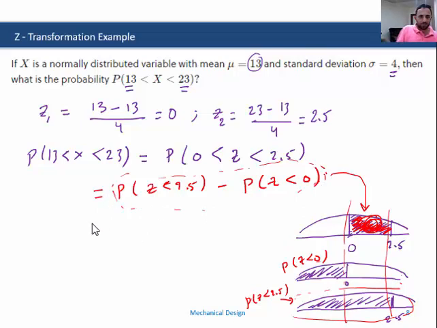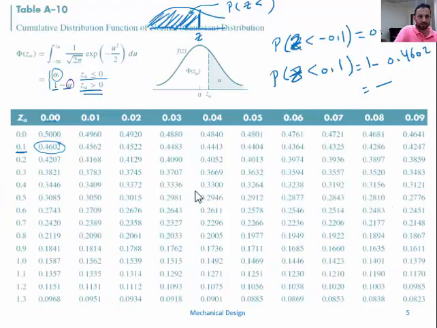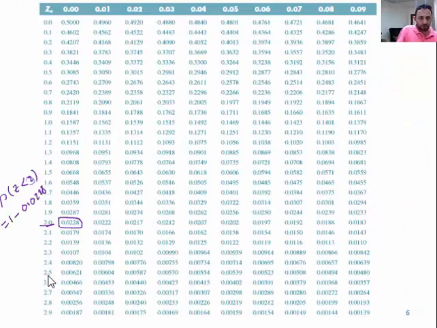Now this is positive 2.5. We can obtain the alpha from the table. Again, if z is positive, we need to say 1 minus alpha. For 2.50, it is 0.00621.